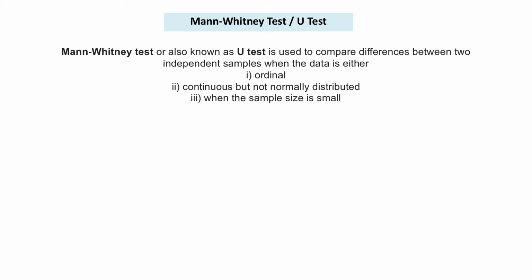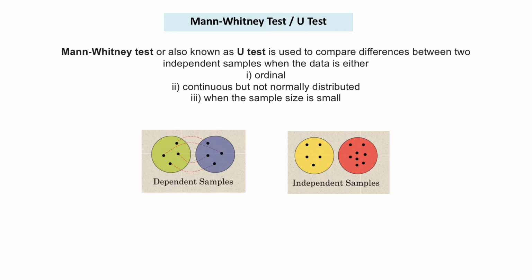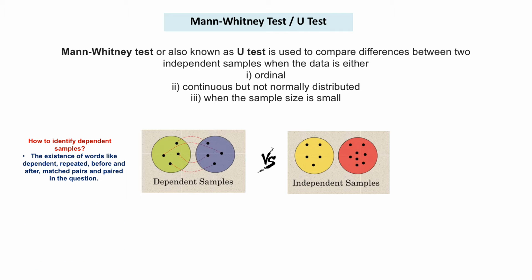Now let's have a look at what is meant by dependent and independent samples. Dependent samples refer to two samples that are associated, that are paired and matched, or referring to a before and after situation.